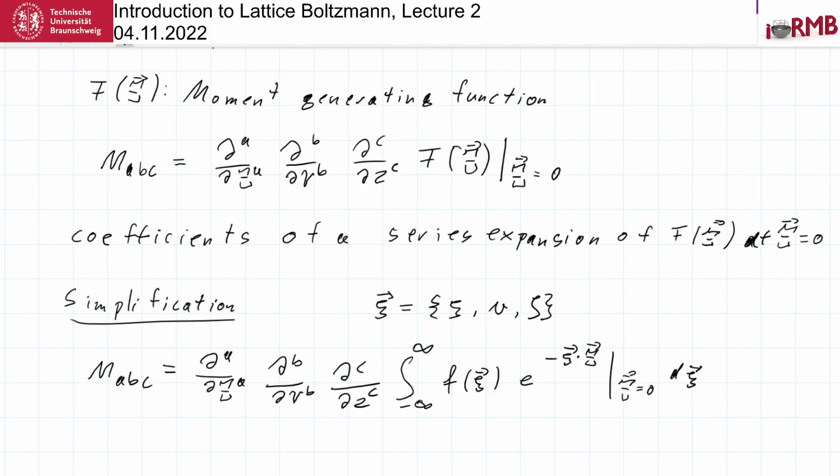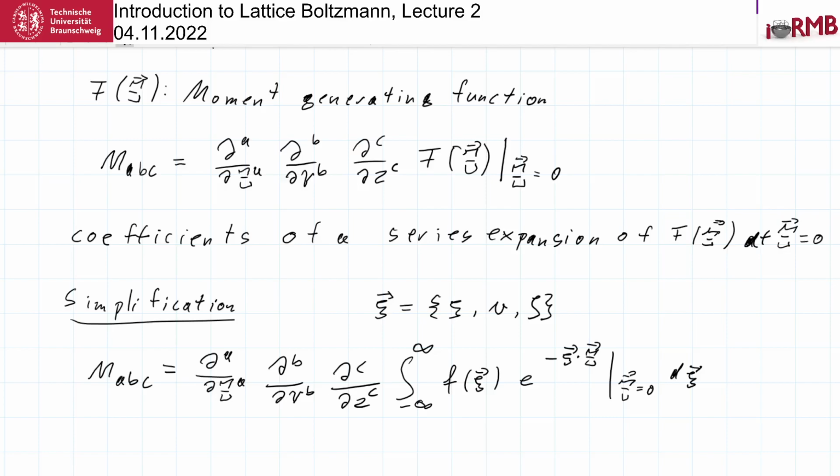Meaning that you can take these derivatives and put them into here. And taking the derivative of an exponential function is pretty simple. This gives you a polynomial, and later putting 0 into the exponent will give you 1.